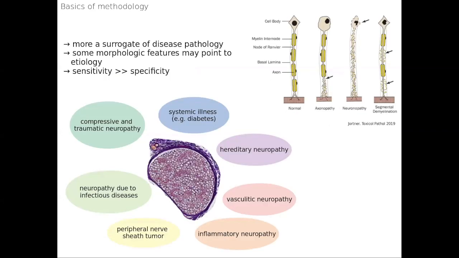So if we look at the different etiologies that can affect the peripheral nerves, we know that MR neurography is more a surrogate of the disease pathology, meaning that it is quite sensitive to disease processes like axonopathy or neuronopathy or segmental demyelination, but it's less specific to a certain disease entity, meaning that, for instance, both hereditary neuropathies and inflammatory neuropathies that can come with hypertrophic nerves will have a similar signal behavior and morphologic appearance.